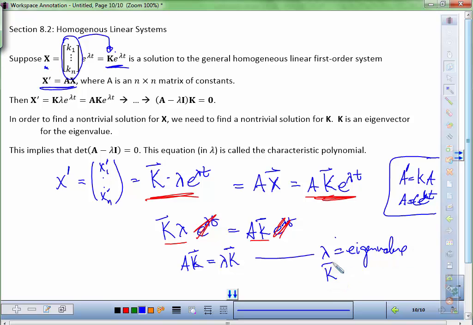And K, a matrix or a vector, depending on how you look at it, is really your eigenvector. Okay, so all we need to know is A, and once we know A, we can find eigenvalues and eigenvectors, and then we just have to form our solution properly.